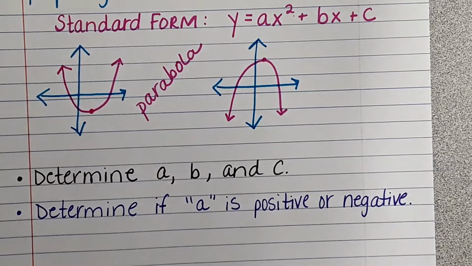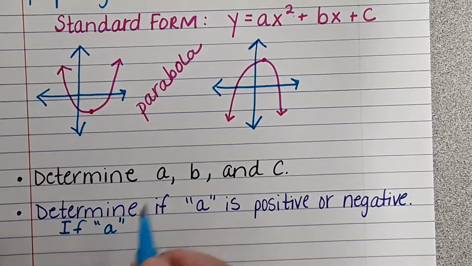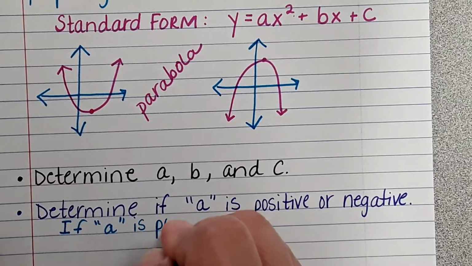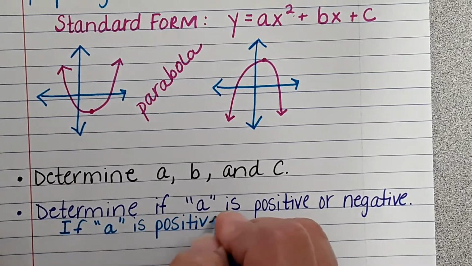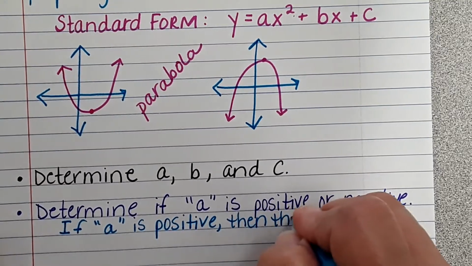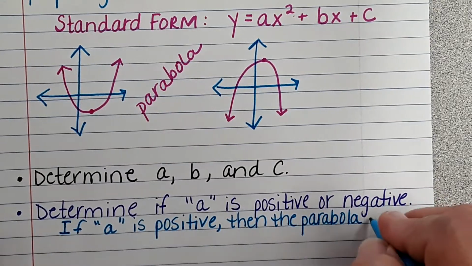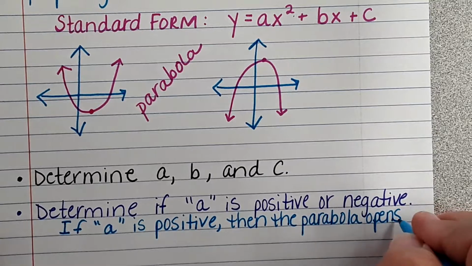So we're going to write A, B, and C. Then we're going to look at A. And A is going to tell us a couple of different things. If A is positive, then the parabola opens up.